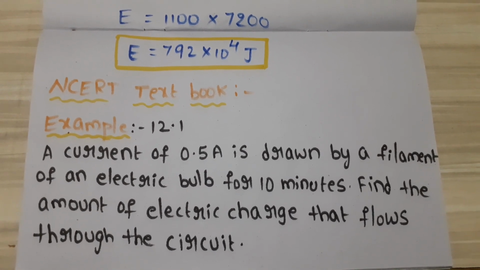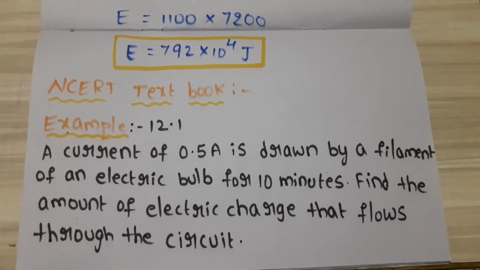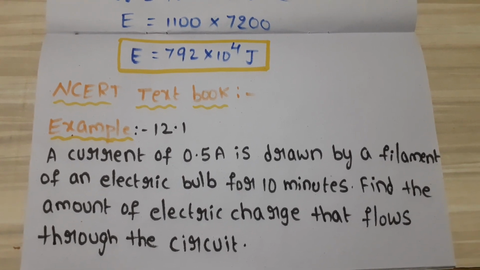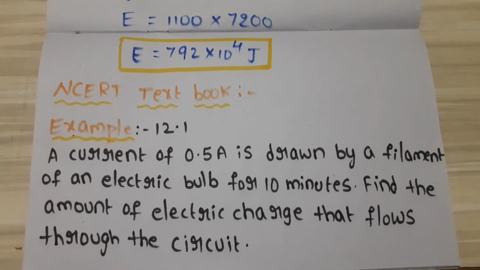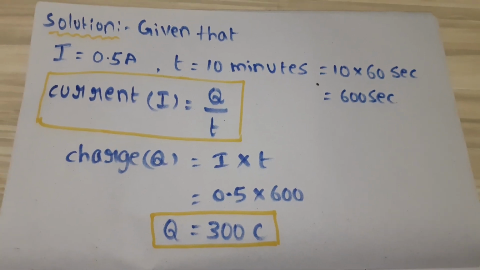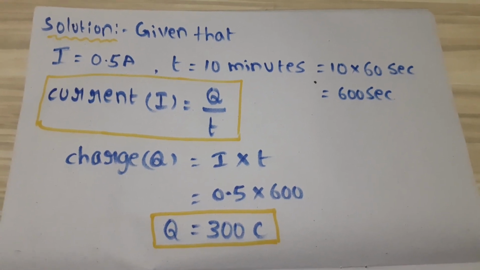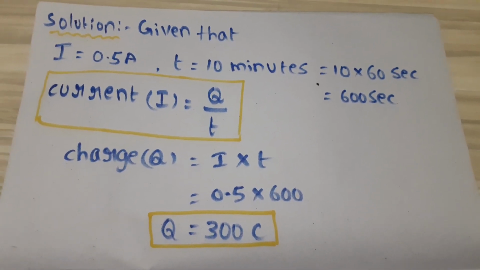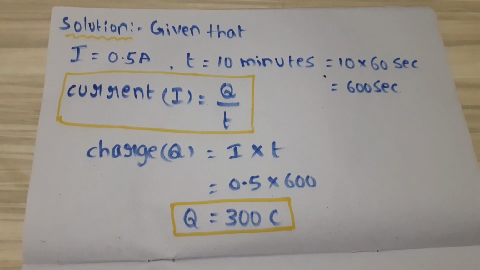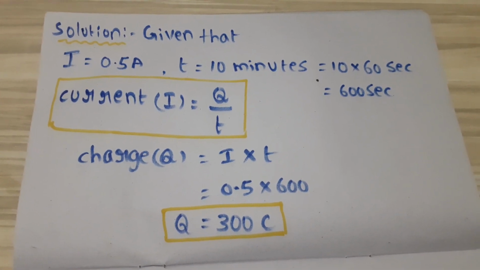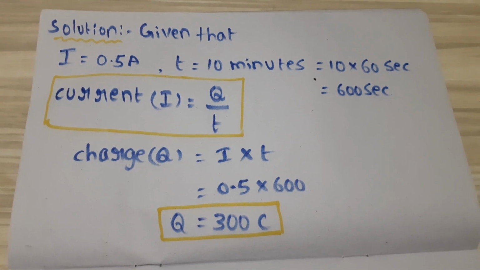We have to find the charge Q. What is the formula for I? I equal to Q by T. Here I equal to 0.5 ampere, T equal to 10 minutes. Converting to seconds, 1 minute equal to 60 seconds, so 10 into 60, 600 seconds.